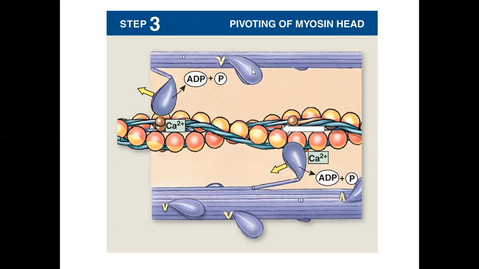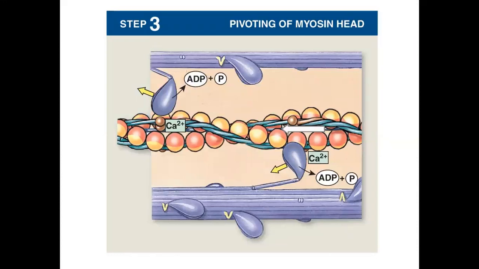The ATPase enzyme activity is found on the myosin head. So the myosin has ATPase activity, and the ATPase is an enzyme that will break ATP into ADP plus inorganic phosphate. When that happens, the myosin head now has three components.